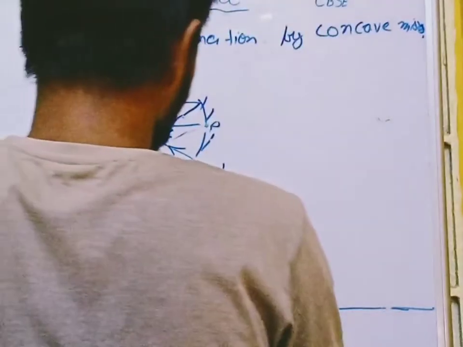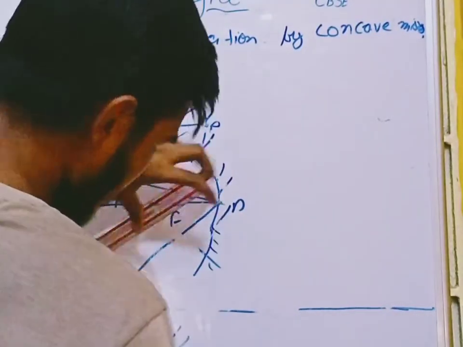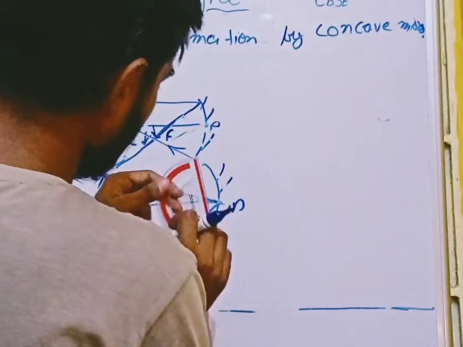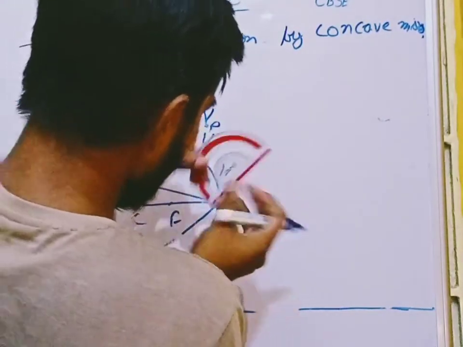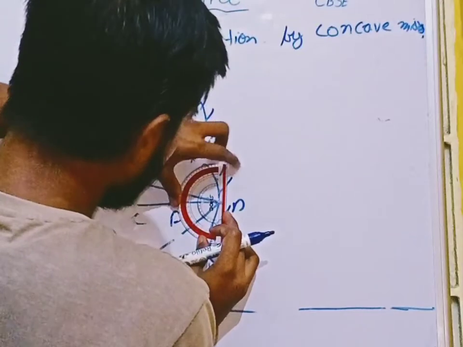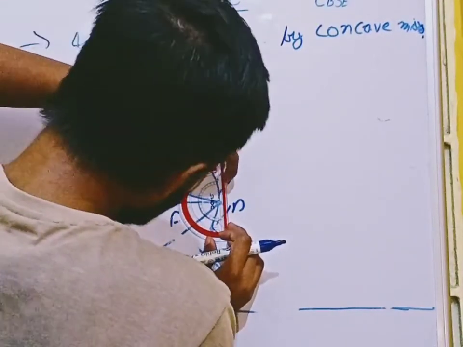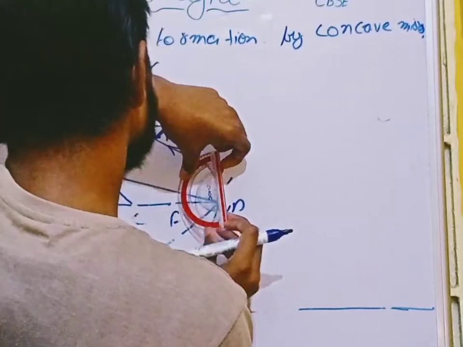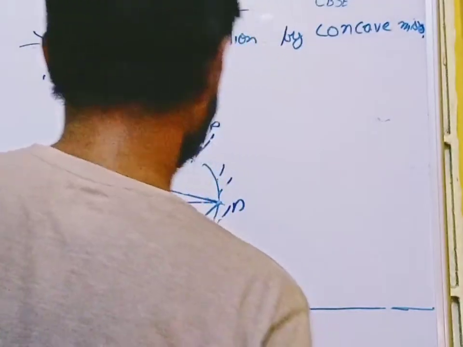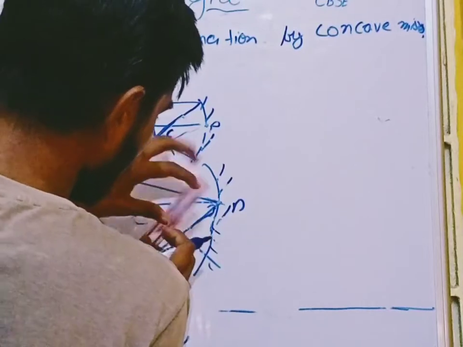So okay, you see how a scale is important in image formation. Measure it. We have to measure it. It is approx 75. It is right.